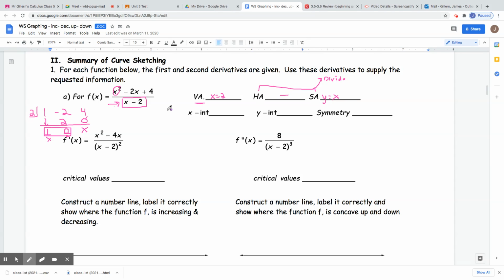Okay. All right, so then for x-intercept, we set the top equal to 0. So normally just set the whole thing equal to 0, but I said, remember, with a fraction, it's the top equal to 0. Now, you cannot factor x squared minus 2x plus 4. That does not factor. So you would have to do like completing the square, quadratic formula. Here's a little hint. If you can't factor the top and you have a quadratic like this, that means it has imaginary zeros.